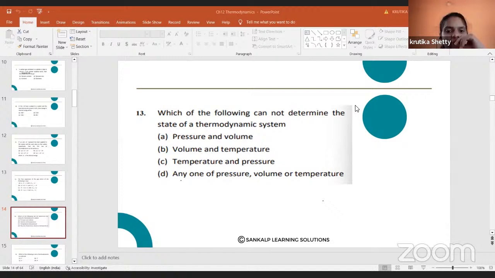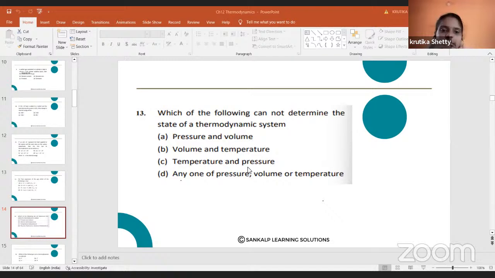So see here, by using the thermodynamic laws, we can determine pressure and volume, volume and temperature, temperature and pressure. But option D says any one of the pressure, volume or temperature.